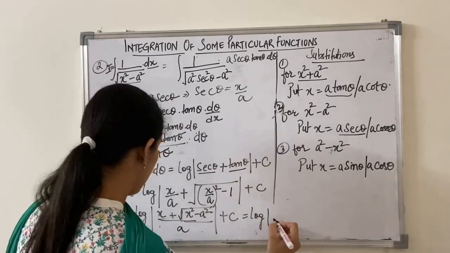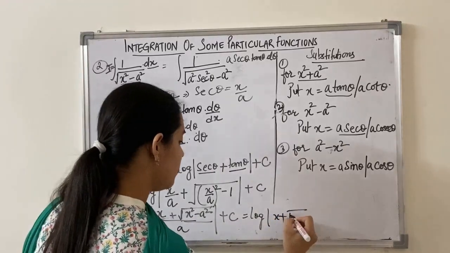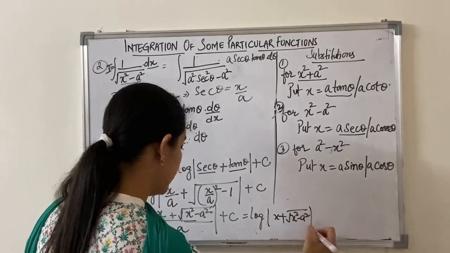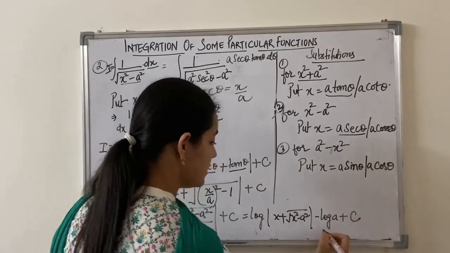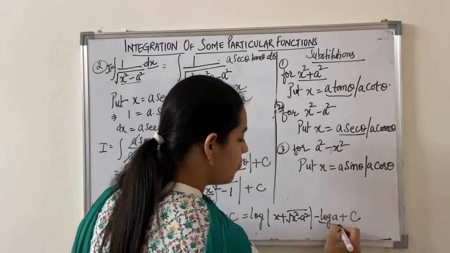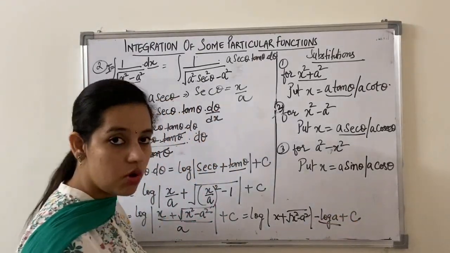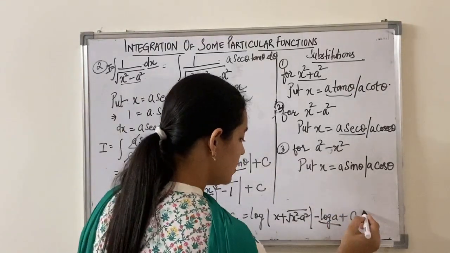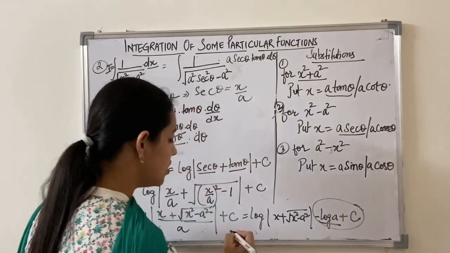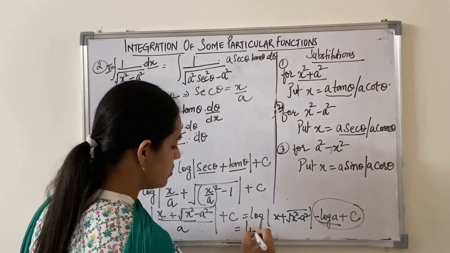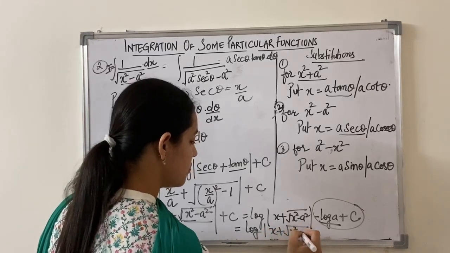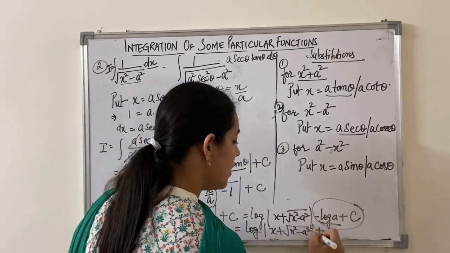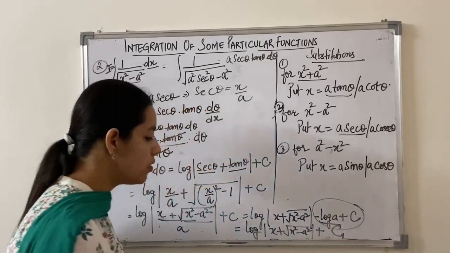So we will get log of x plus under root of x square minus a square minus log of a plus the constant c, and this log of a being a constant, so log of a is also constant. So these two constants can further be written as some another constant c1. So log of x plus under root of x square minus a square plus c1, the other constant.